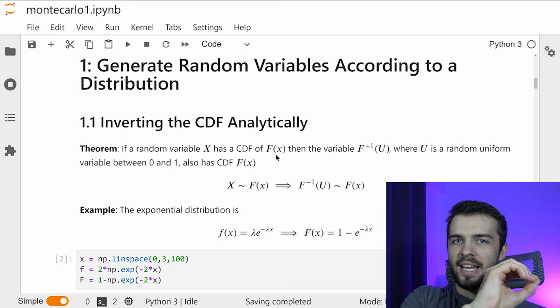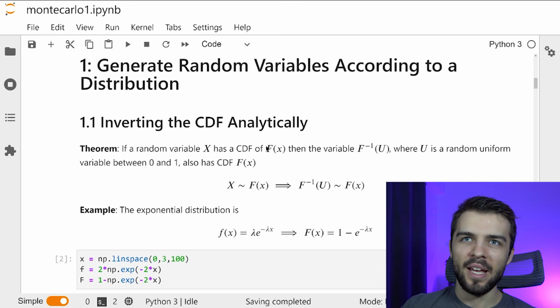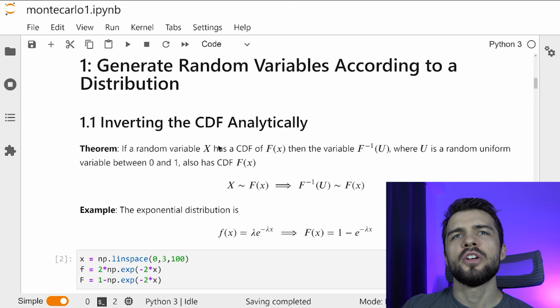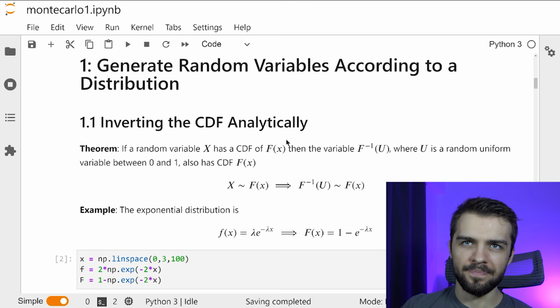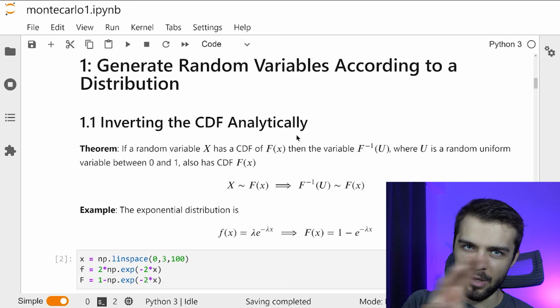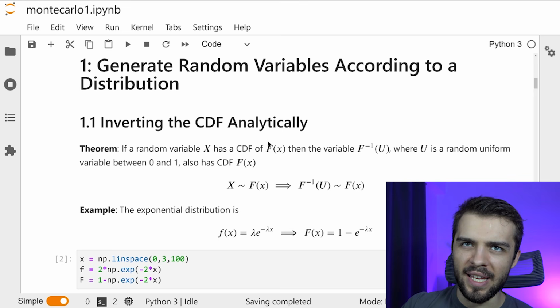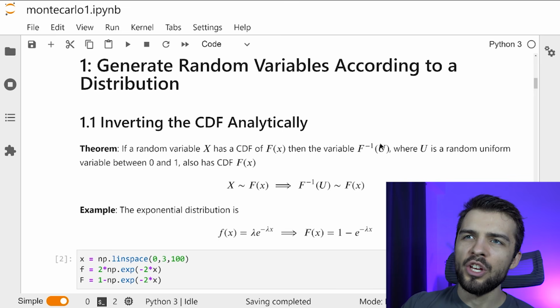So the probability, that's the integral from negative infinity to x of the probability density function in the case of simple distributions. So if x has a CDF of F, that's unique. If you know little f, you know big F, so they're equivalent to each other. Then the variable F inverse of U, the inverse function of this function, where U is a random uniform variable between 0 and 1, also has CDF F of x.